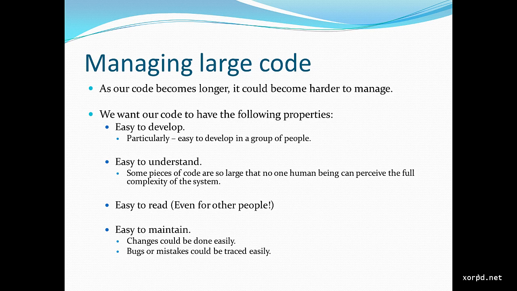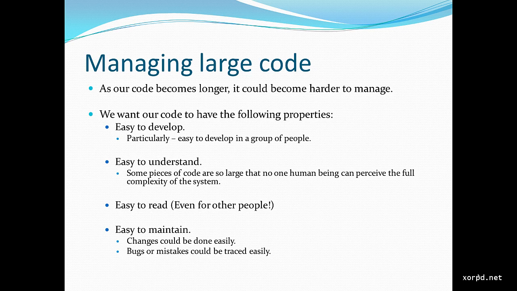We want our code to have the following properties. The first one, easy to develop, which means that it should be pretty easy to write the code. Usually, even if you write the code the way we have learned so far, it should be easy. However, the problems begin when you work with a group of people.